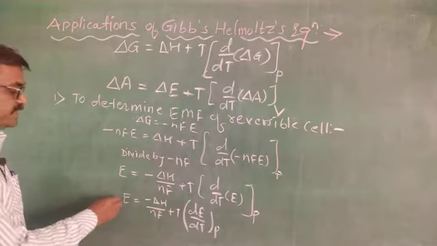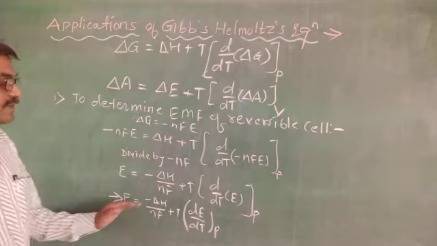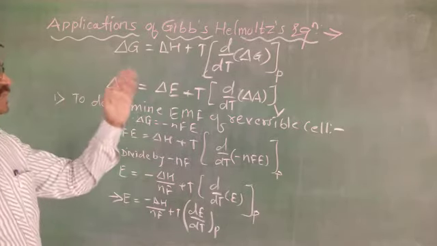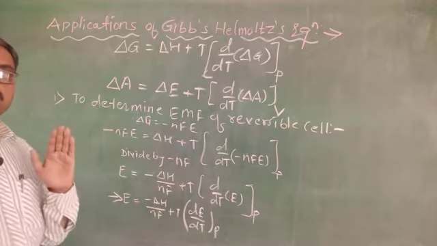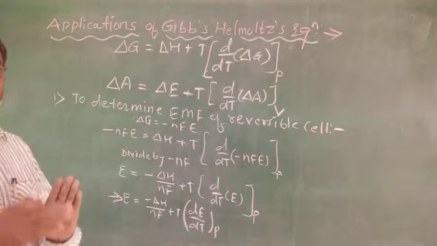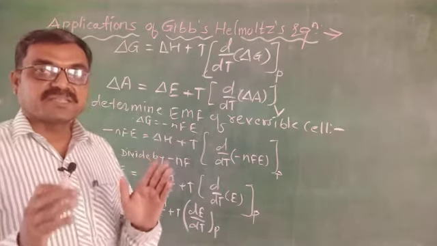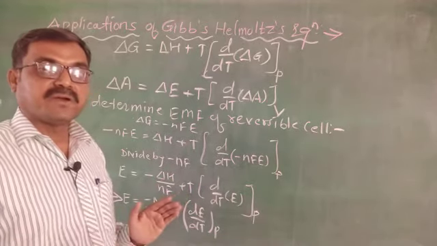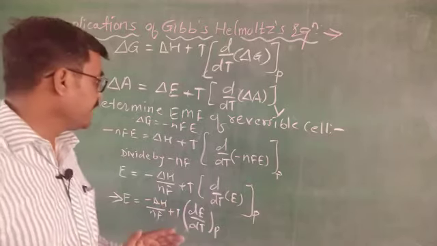In this way, this E, that is the EMF of a reversible cell, can be determined by using the Gibbs-Helmholtz equation. Because why is it so? Because in order to determine the EMF of a reversible cell, you must know the relationship between the decrease in the Gibbs free energy and the quantity of current passed. How is it related?